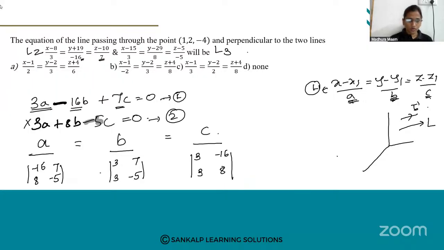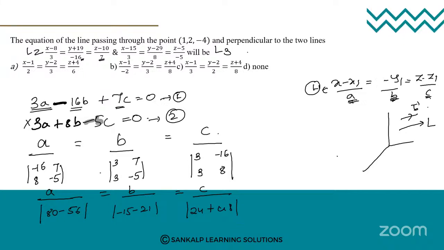So you know how to solve a determinant. This is 16 minus 16 into -5, how much is it? 80. So this is 56. Right? Similarly here, this is -15 -21, and here it is 24 minus of minus, plus, correct? 48. Okay, I'll just clear this out.